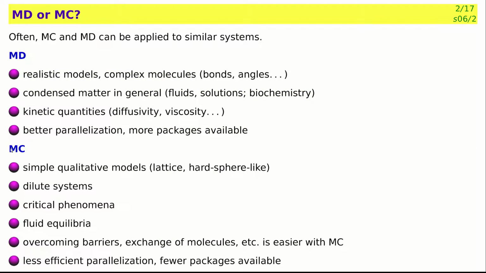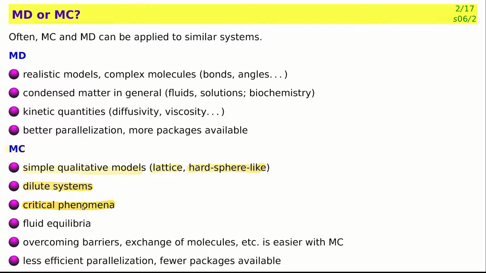Monte Carlo is more useful for cases of simple models, that is lattice models and very simple models of molecules like hard spheres. Also, even if we have realistic models given by a complex force field, Monte Carlo is often better for dilute systems.